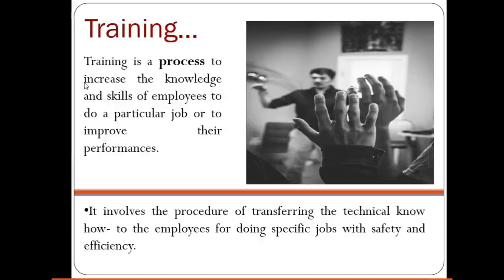The first one is the knowledge and skills of employees will improve. And the second is the performance of the employee is increased. Please understand, when we say training improves the performance of employees, which is directly proportional to increase in organizational performance, we are saying that the overall performance of the organization will surely improve.